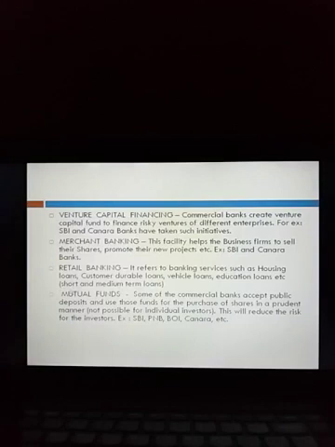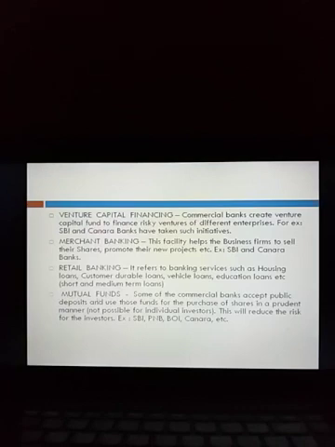Short term loans are those whose repayment period is from 15 months to 7 years. Medium term loans are those whose repayment period is from 7 years to 15 years and so on.